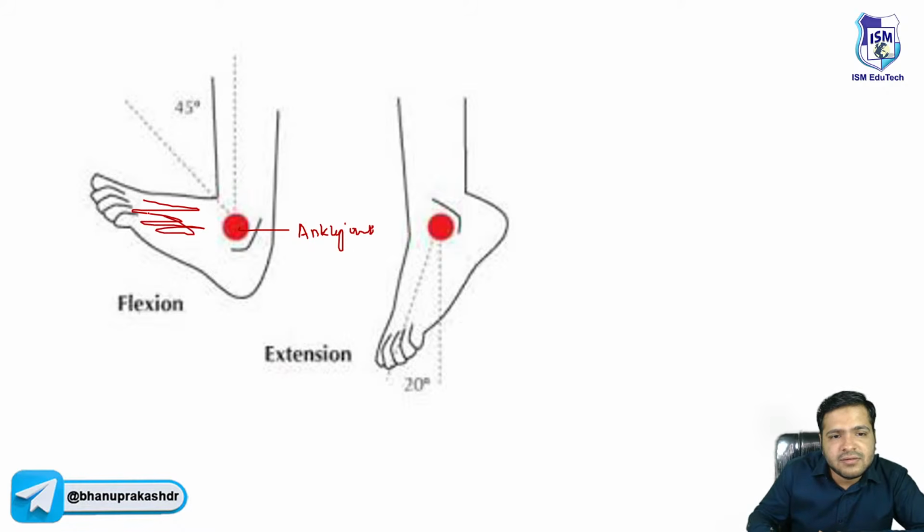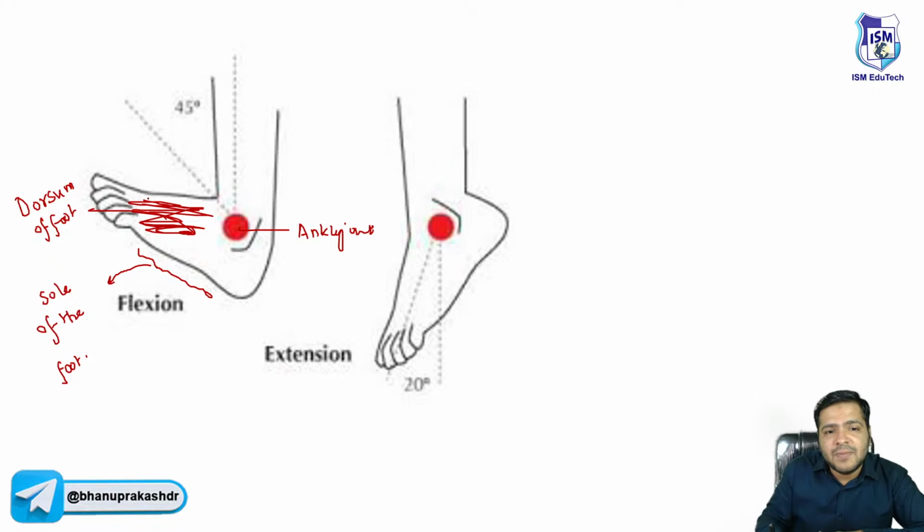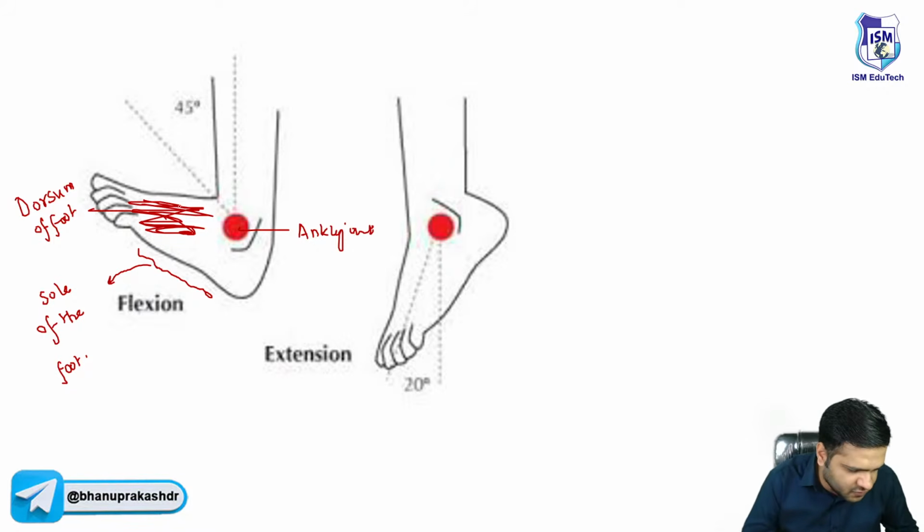This upper surface is called the dorsum of the foot, and the lower surface, which we call the talwa, is called the sole of the foot. The anterior part, the upper part, is the dorsum of the foot, and the lower one is the sole of the foot. Normally, the angle is 90 degrees.